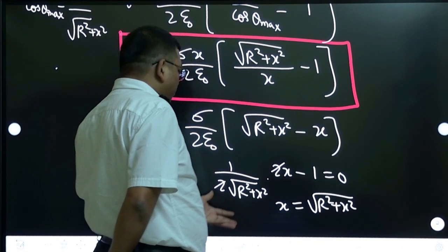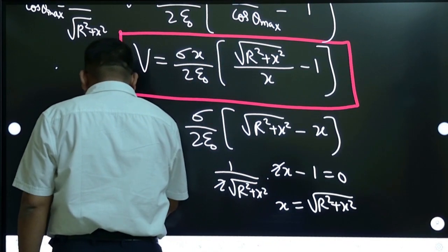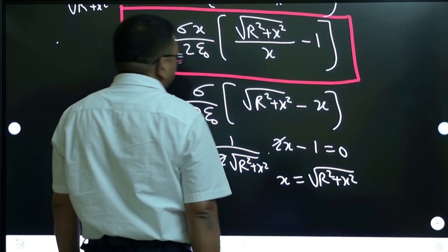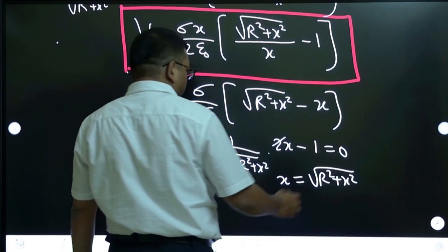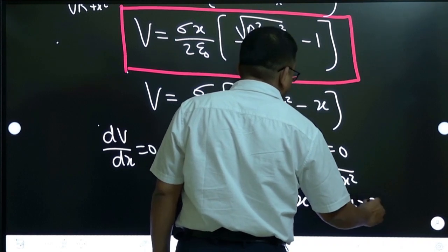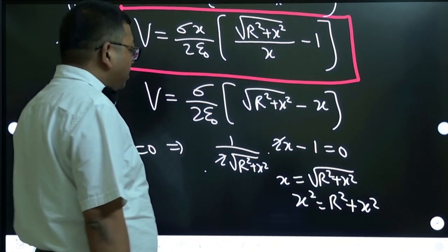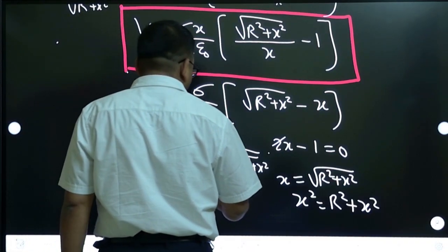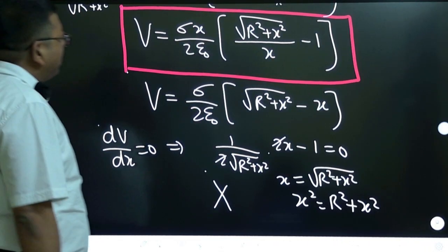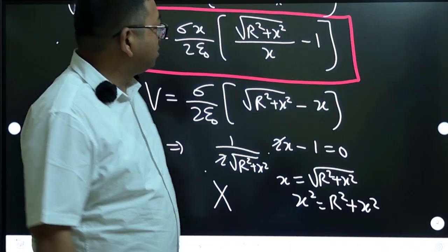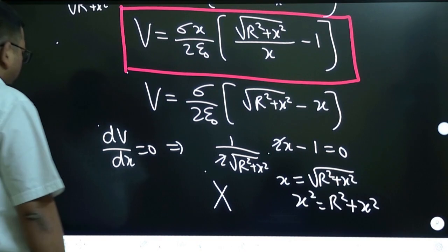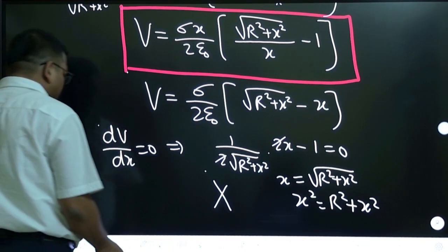If you square, I think we are not able to get anything from here. Check that. Because if you square it, x square is r square plus x square. This is not possible, no? Will any maximum value exist or not? Think about it. Next class we'll think about it.